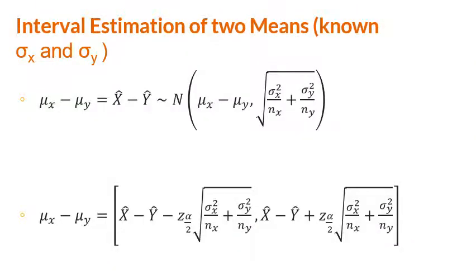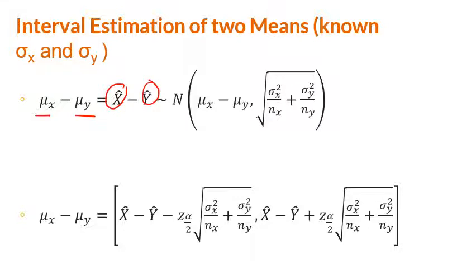We now estimate the difference between two means, ito mu x minus mu y. So if we collect data from a population subset na x and then population subset na y, you have this statistic, x hat minus y hat.